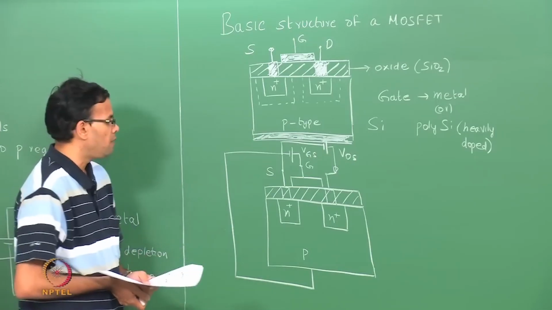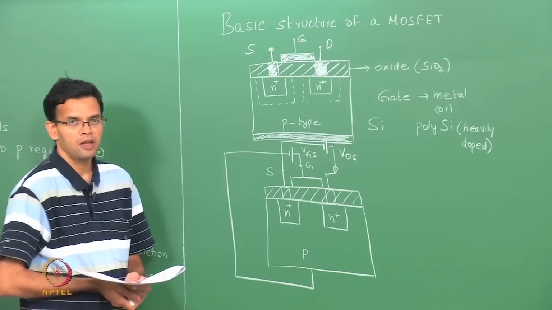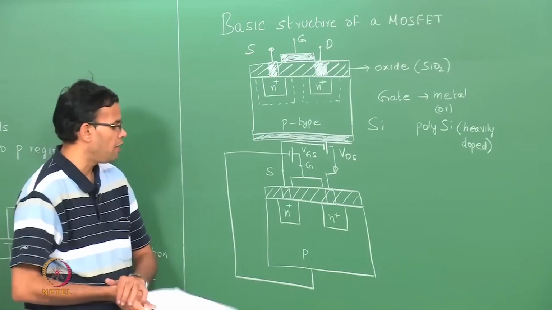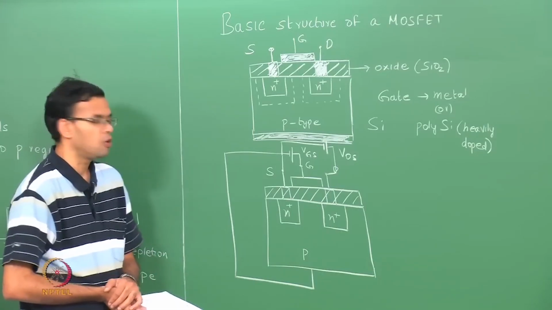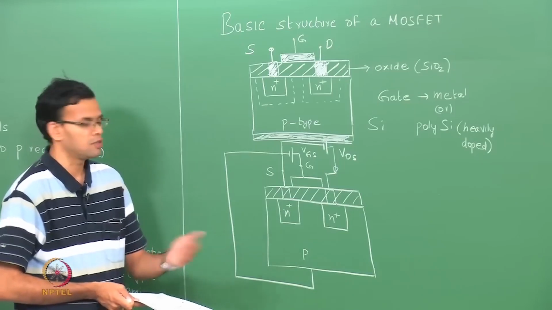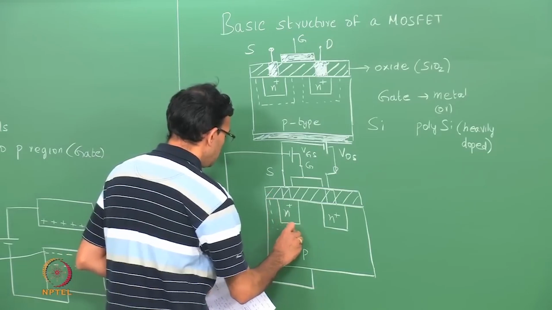We are going to apply a potential to the gate in such a way that holes will flow away from the gate towards the bulk of the p type and electrons will flow towards the oxide layer. So we have two depletion regions here.